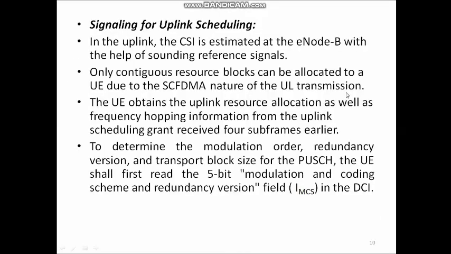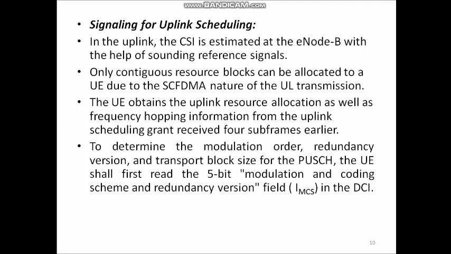Okay, next let us consider the signaling for uplink scheduling. In the uplink, the channel state information is estimated at the eNodeB with the help of sounding reference signals, SRS. And continuously the user equipment monitors the PDCCH.